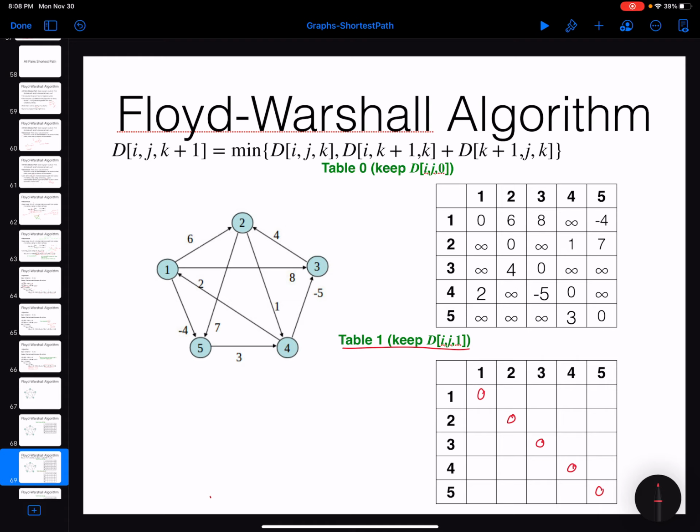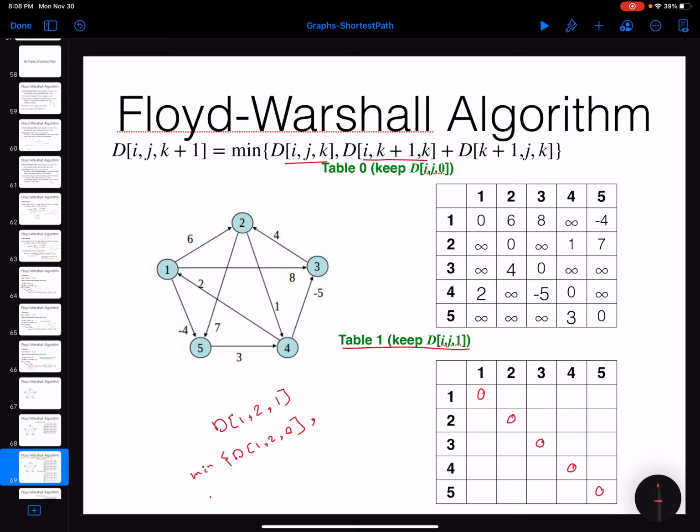The cost of going from the node 1 to 2 using 1. This is basically going to be either the cost of going from 1 to 2 using no other edge, the minimum between this one and the other one is this one.